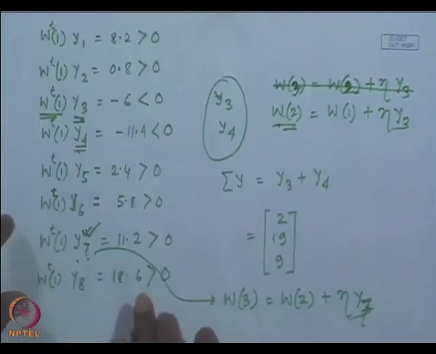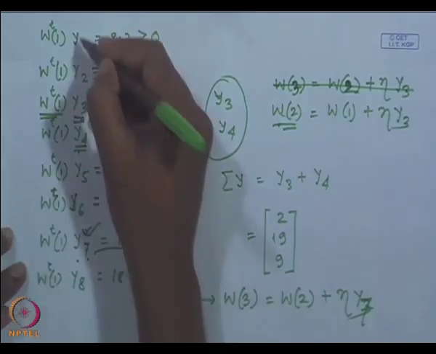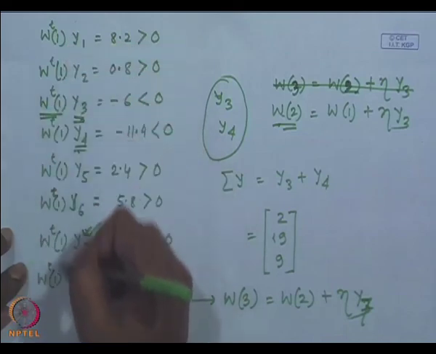So, whenever I get a misclassified sample, immediately using that misclassified sample, you modify the weight vector. And in a complete pass, if I have a W where for the same W, y1 to y8 are all correctly classified, I will take that W to be my solution vector.